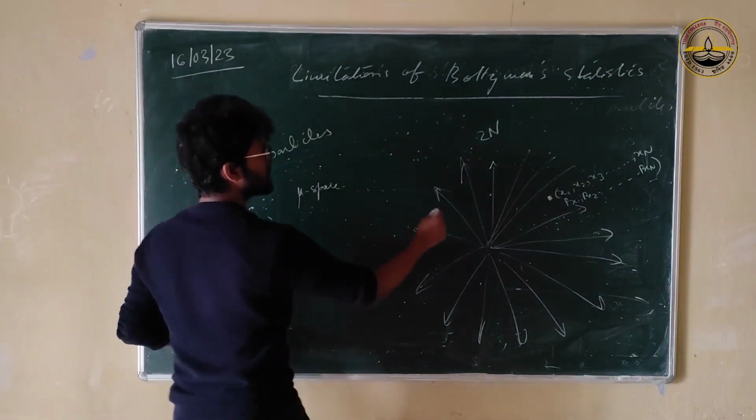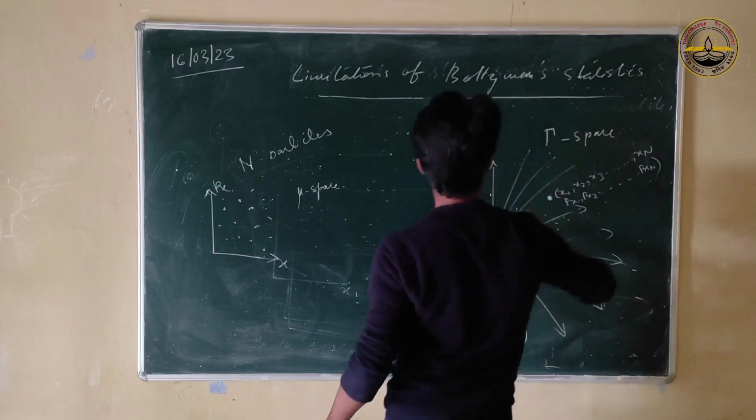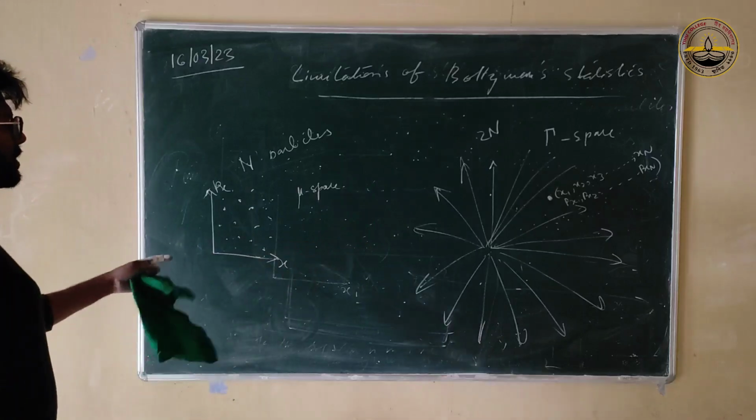Both are equivalent. This is called the gamma space, a special kind of phase space.